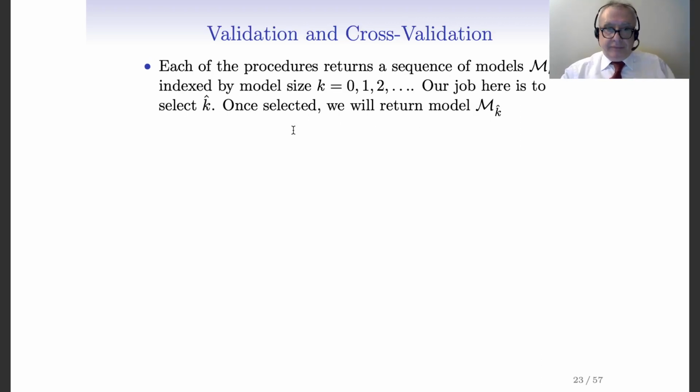The final method to assess and compare our models of different complexity is by means of validation and cross-validation. We know that we have a sequence of models to be compared, and we would like to find the best order.